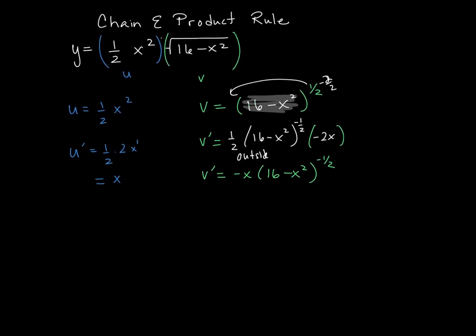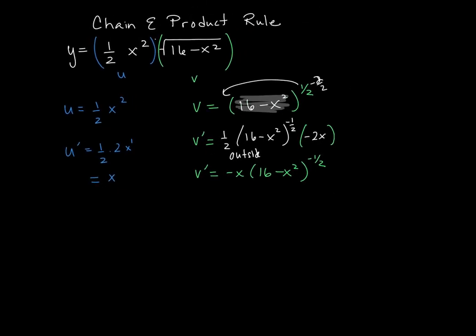Now, once I have all of this done, I can go through and use a product rule. The product rule tells me that I have to have U times V prime plus U prime times V. So U is just 1/2 x squared.